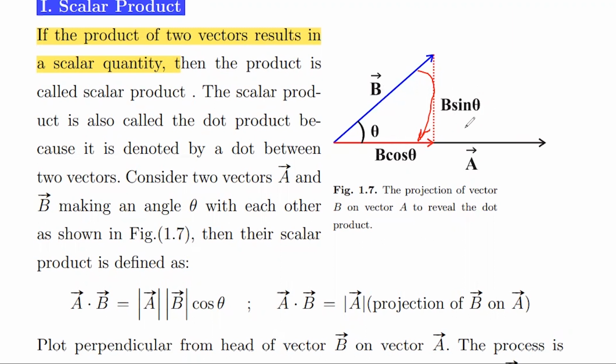The vertical component is B sin theta and the horizontal component is B cos theta. Now, this is the total product of two vectors A and B. That's why we call A and the projection of B on A. This is equal to AB cos theta.